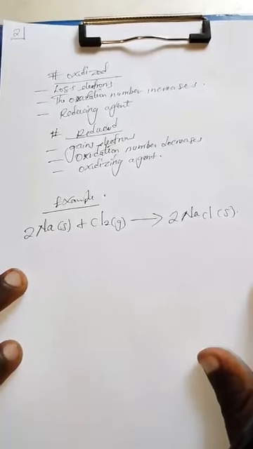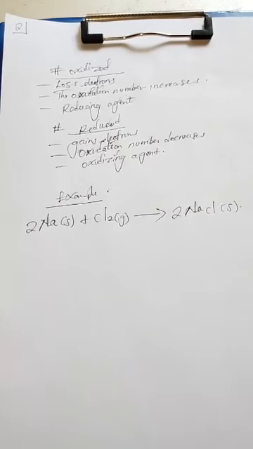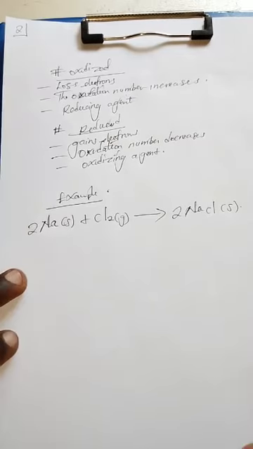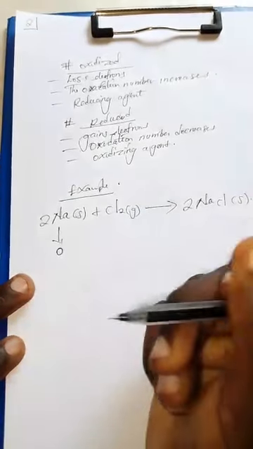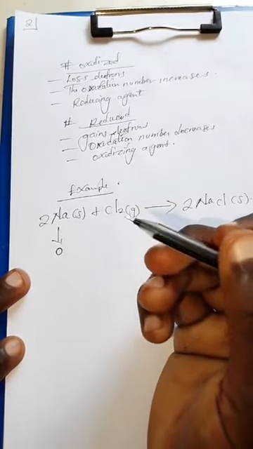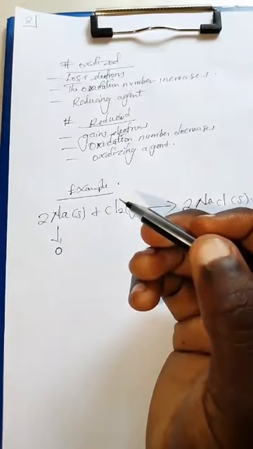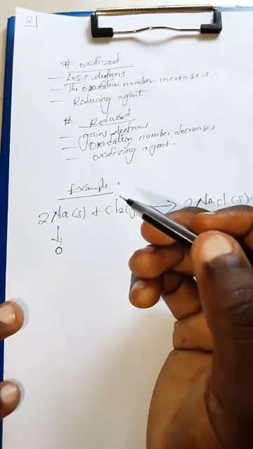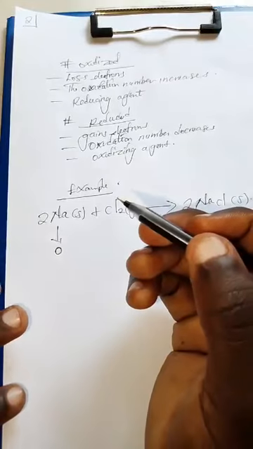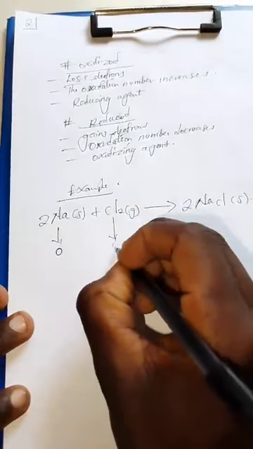The first thing I need to explain is the oxidation number. This one has an oxidation number of 0 because it's in its natural state. Elements in their natural state have an oxidation number of 0. Even this one, see, 0.